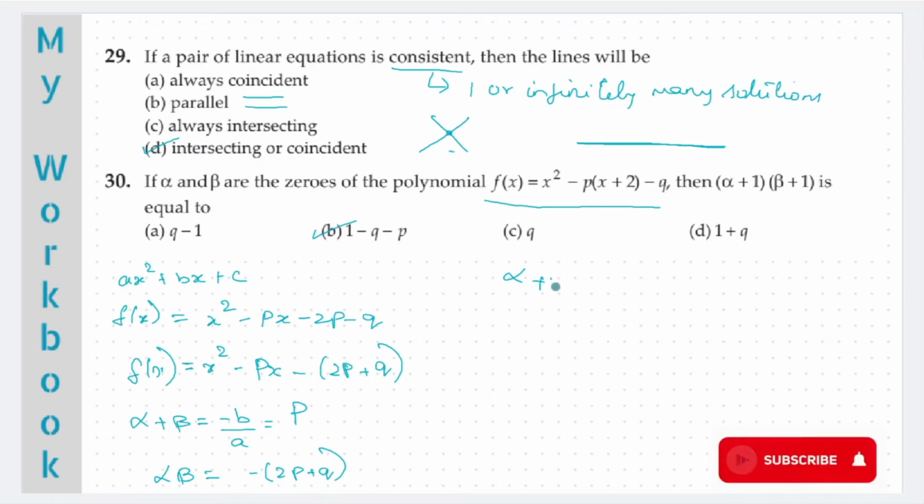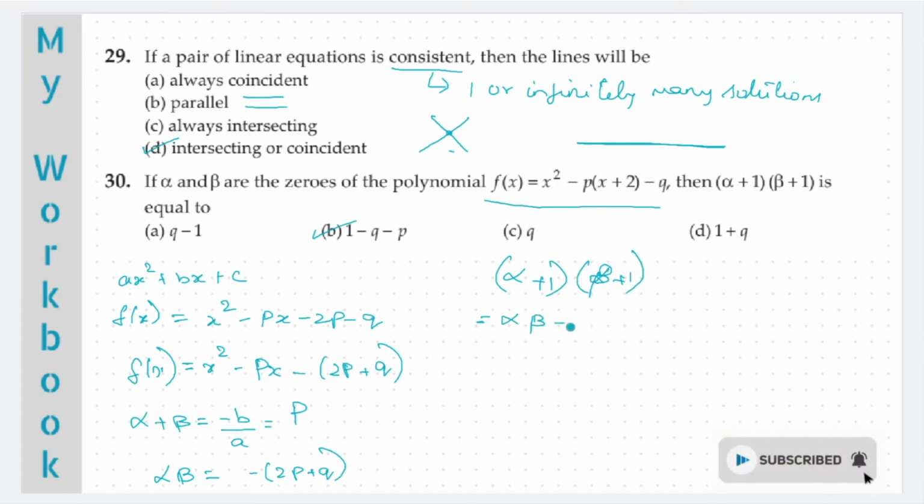We are required to find alpha plus 1 into beta plus 1. Just multiply the two terms: alpha beta plus alpha plus beta plus 1. Alpha beta is nothing but minus 2p plus q.